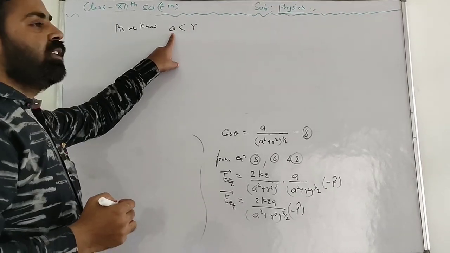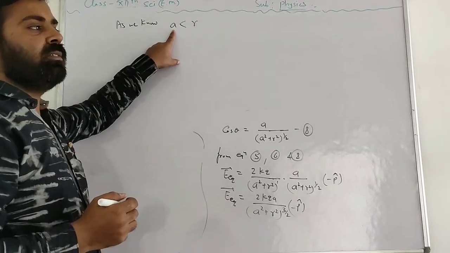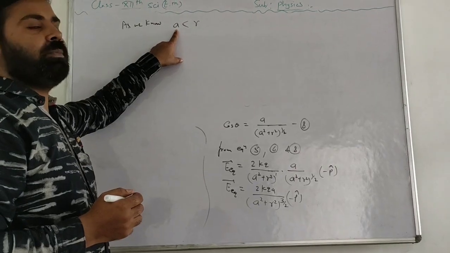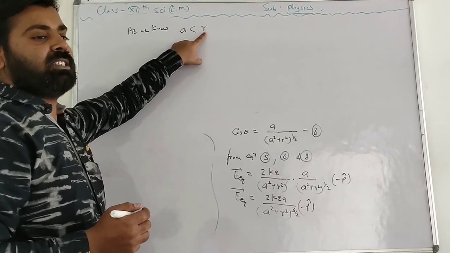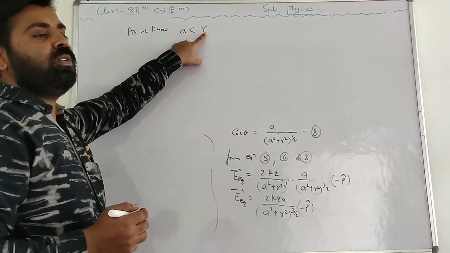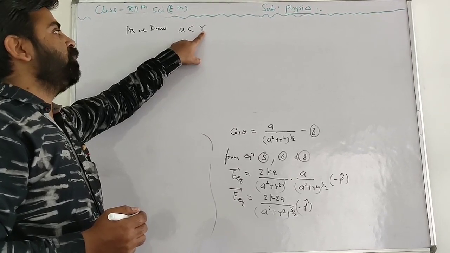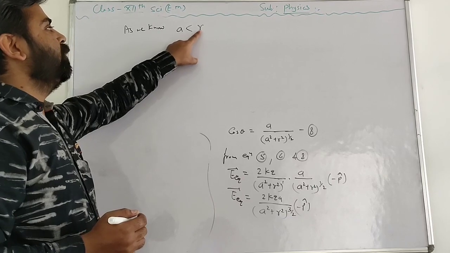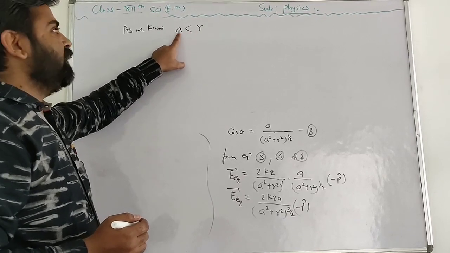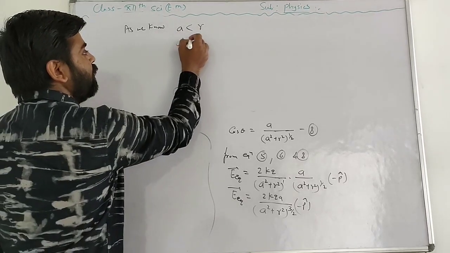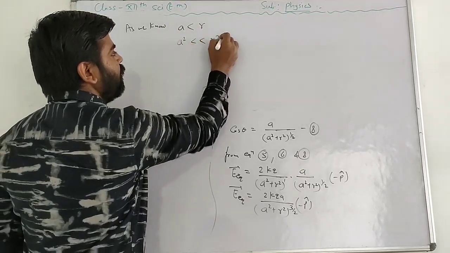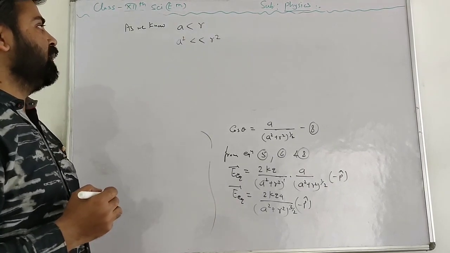Small a is half the distance 2a between the two charges of the electric dipole, which is very short, and small r is the observation distance from the center of the electric dipole to point P. Small r is much greater than small a, as small a is shorter than small r, and its square will be very less than the value of r square.